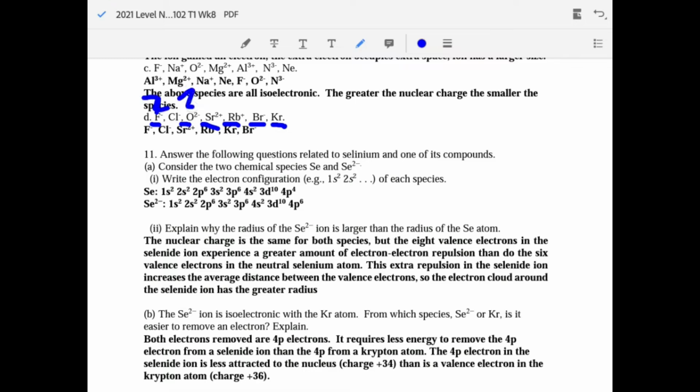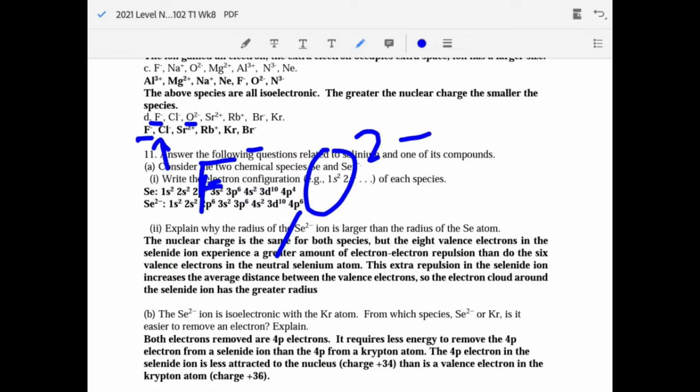So second period, third period, and these are larger periods. So F minus will go first because it attracts its electrons more. F minus and O2 minus are in the same period, so F minus has greater nuclear charge and less size.